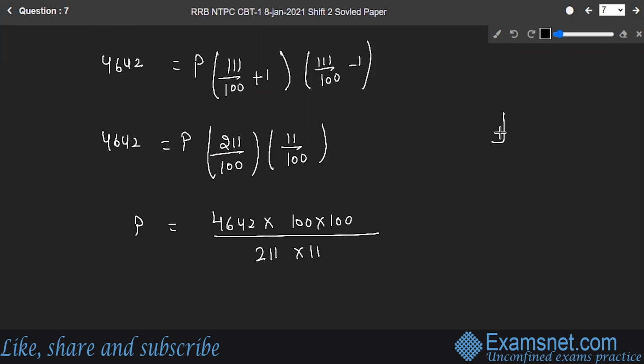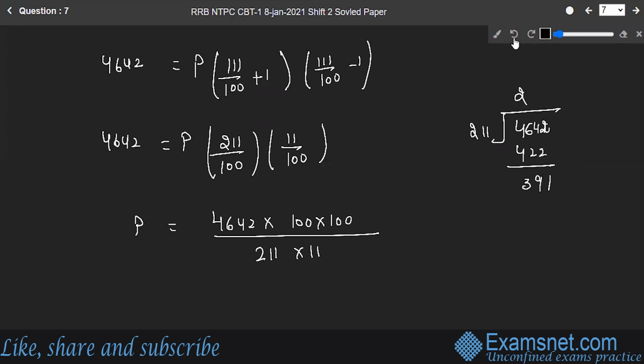So let's divide this 4642 by 211. Sorry, there is a mistake. It was 4642.